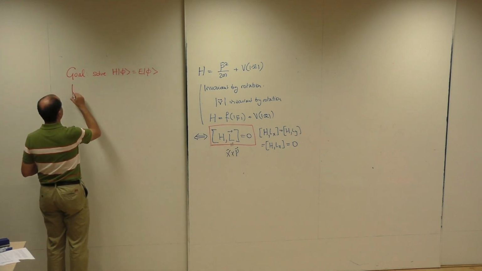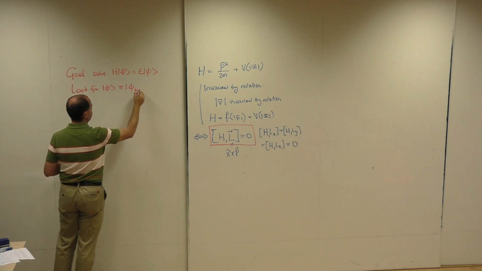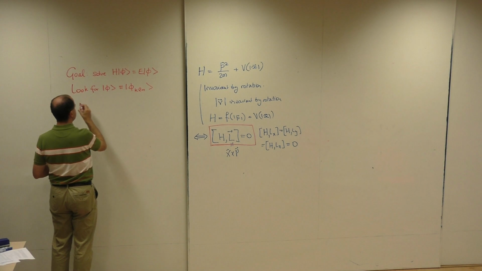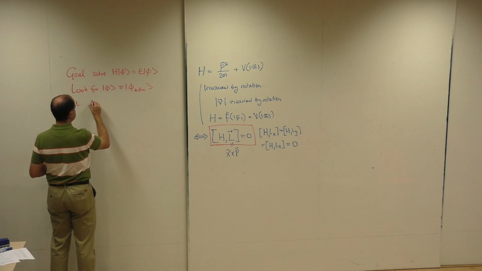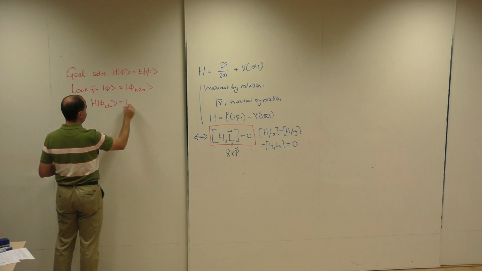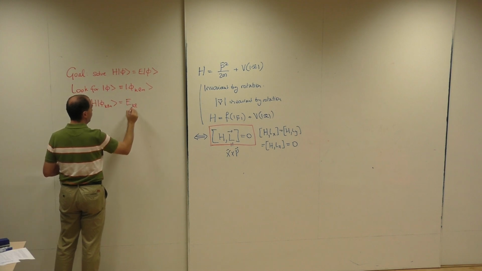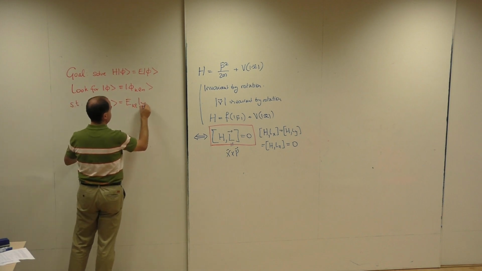So look for phi, that we will denote by phi KLM, such that this holds: H phi KLM is equal to E of KL, not M, because of essential degeneracy, phi KLM.